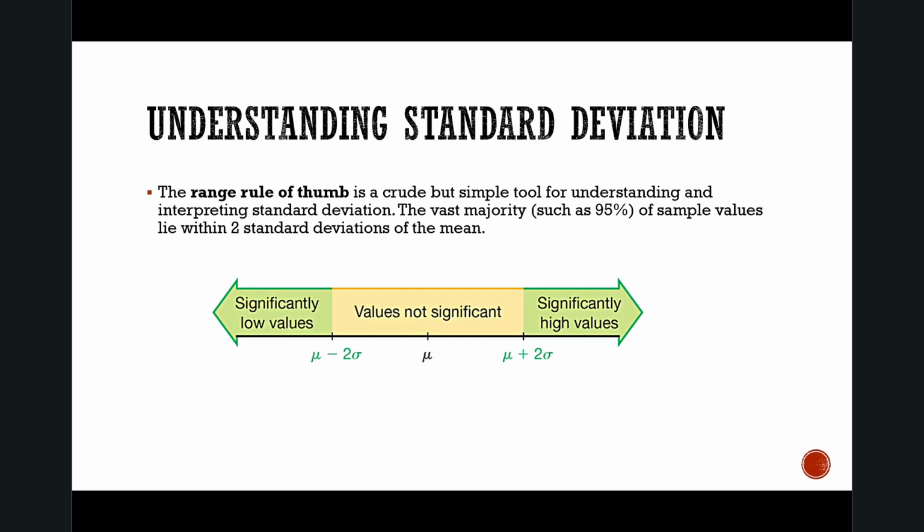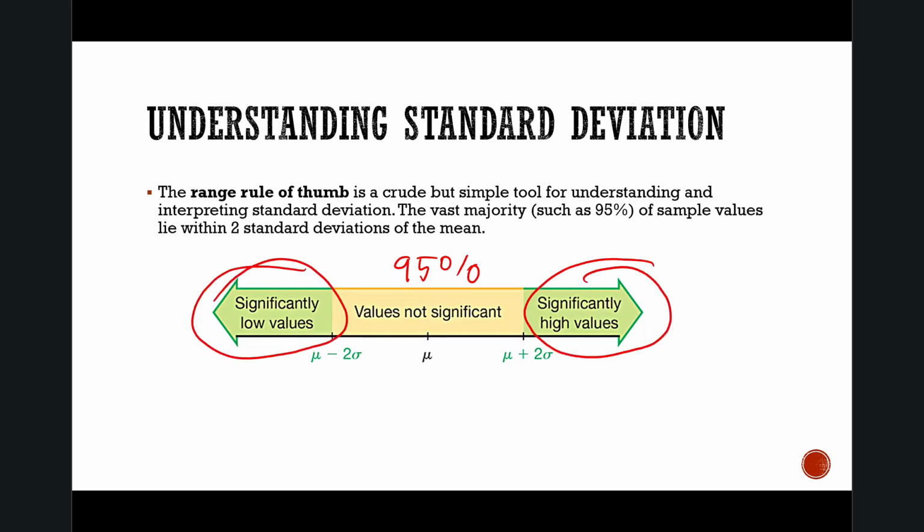When you have something that is normal, there is something called the range rule of thumb. It tells you that the vast majority of data will be within 2 standard deviations of the mean. This is where 95% of your data should be. Only 5%, roughly, is significantly high or significantly low.